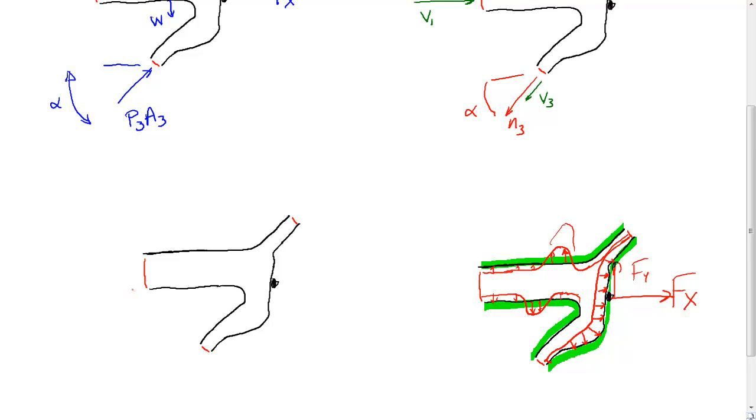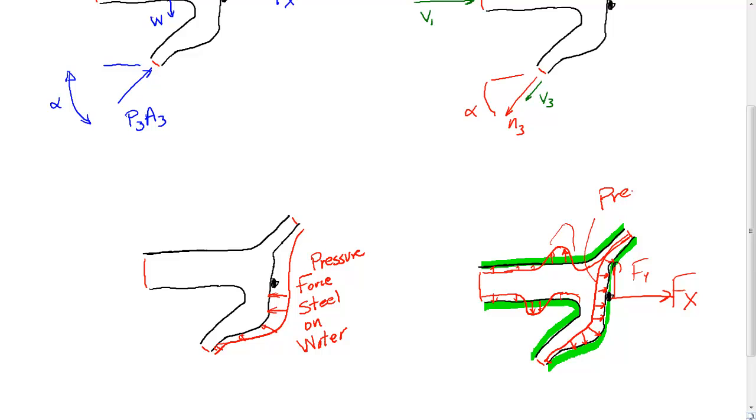And as a result, you'd have an equal and opposite effect. I don't know if I can draw this very well, but here you would have the force of the steel on the water. Here, I'll say pressure.